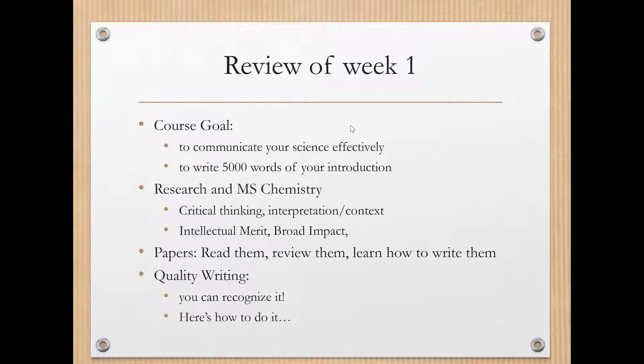Another thing that I brought up was the importance of critical thinking and interpretation and context. That's particularly important for communication. We talked about single data points and rolling those data points up into something that could actually allow us to make a better decision in our lives. We also talked about the value of scientific work and the importance of intellectual merit and broad impact.